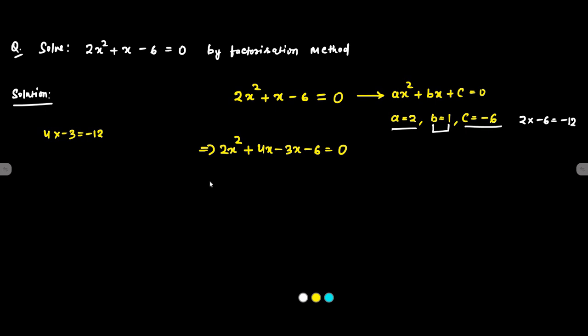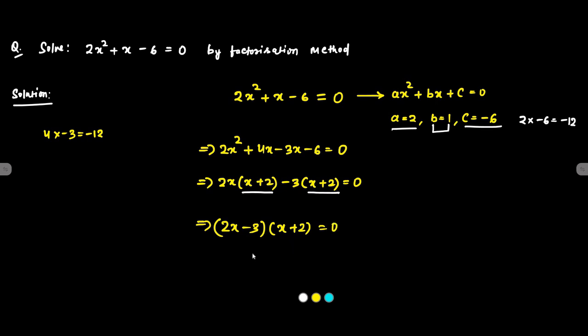So now 2x(x + 2) − 3(x + 2) = 0. Again here x + 2 is common in both. So that implies (2x − 3)(x + 2) = 0.